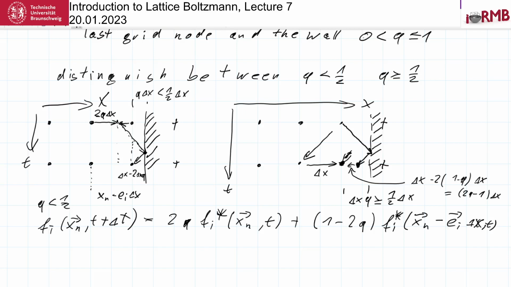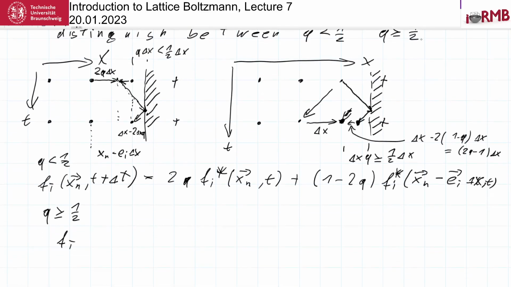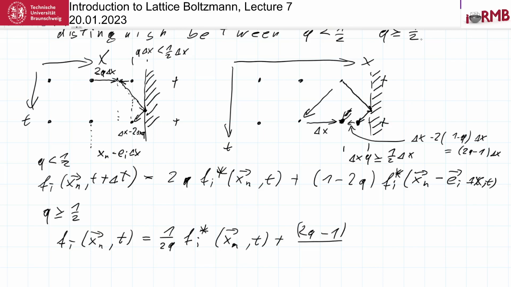So this means that for q larger or equal to 1/2, our boundary condition is f_i bar (x_n, t plus delta t) is 1/(2q) f_i post collision (x_n, t) plus (2q minus 1) divided by q f_i asterisk (x_n, t).